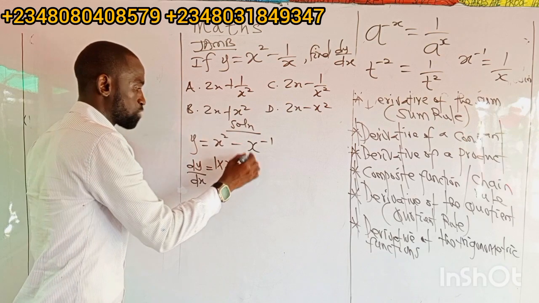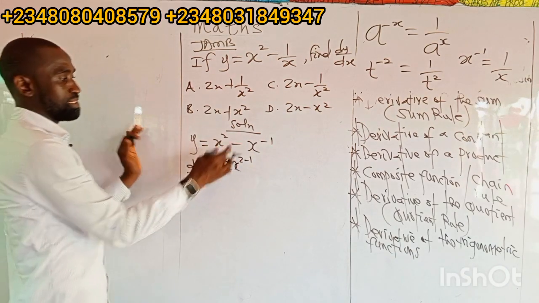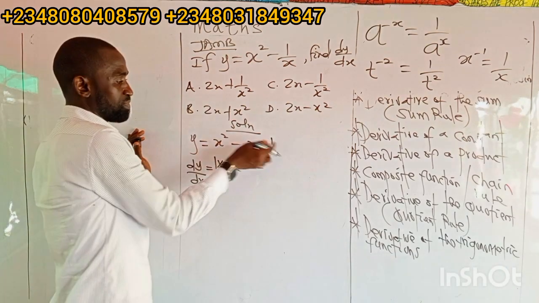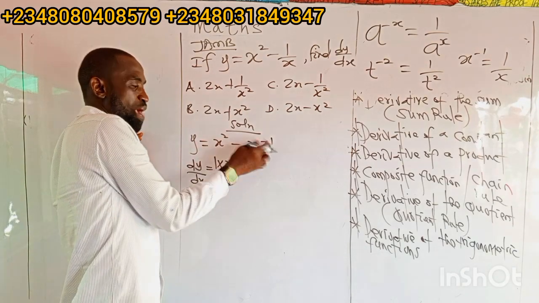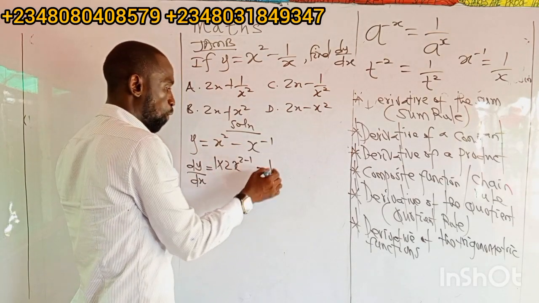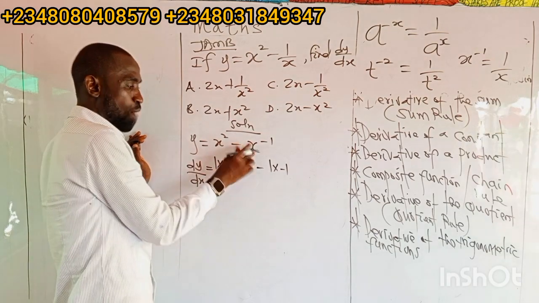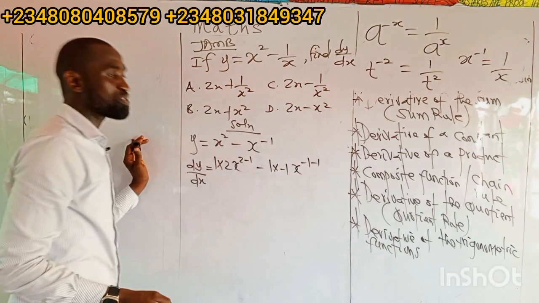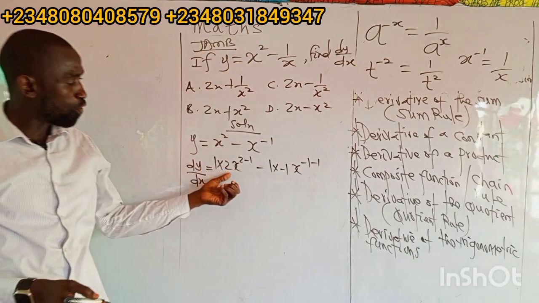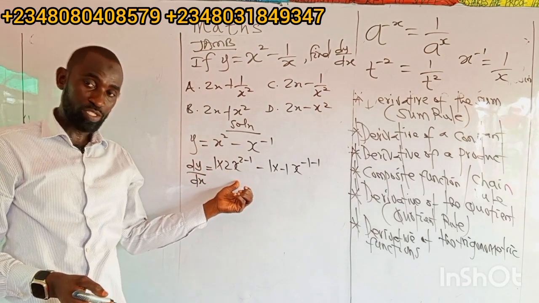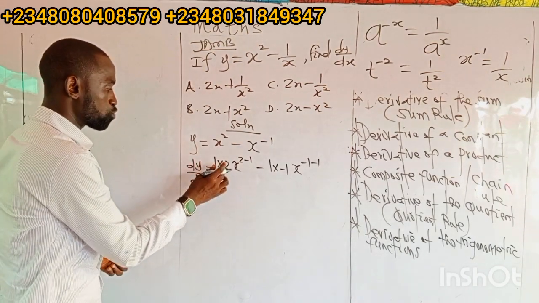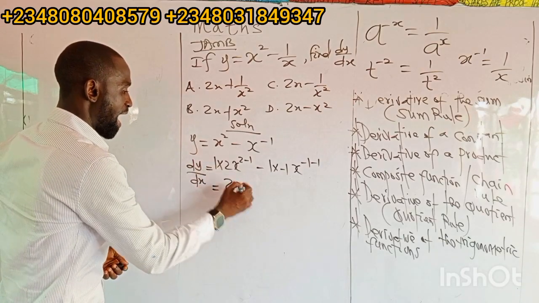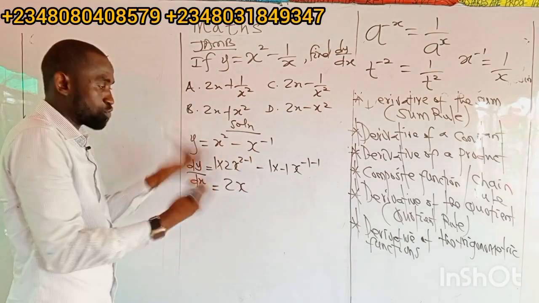Then minus. Where is the coefficient here? 1. Where is the power? Minus 1. So I'm having 1 times minus 1. I'll write x, then minus 1, minus 1. I'm using this general rule to solve this sum rule. Are you with me? So what do I have here? 1 times 2, we have 2. x to the power 2 minus 1 is 1, so I don't need anything here.